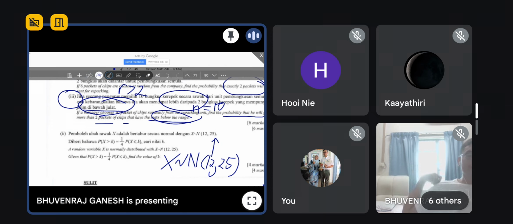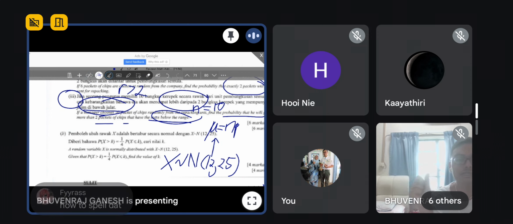What does number 12 represent for normal? 12 actually represent your mean. Nilai mean kamu. Ataupun you can write as NP. Mean equal to NP. So nombor 12 tu mewakili mean kamu.